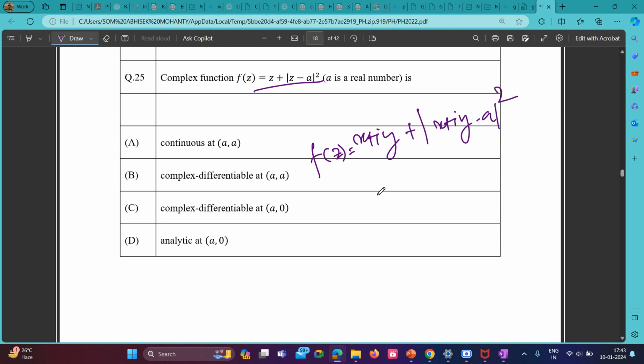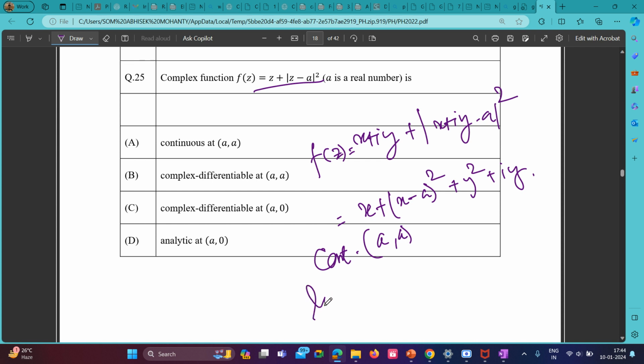Continuous at a. So I can write it as x plus x minus a whole square plus y square plus iy. Now continuity at a, parallel to the x axis.